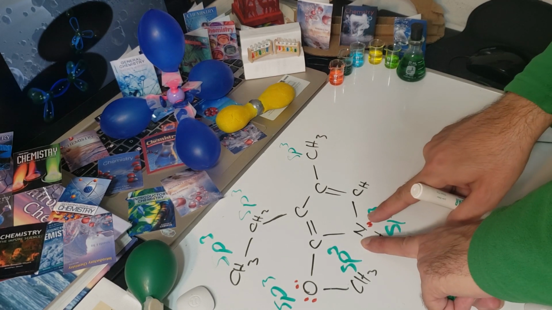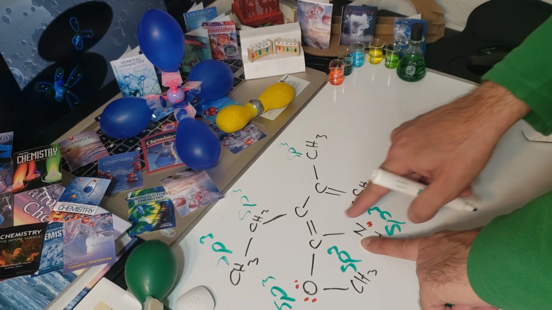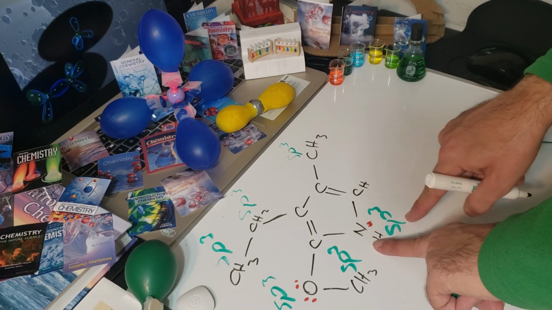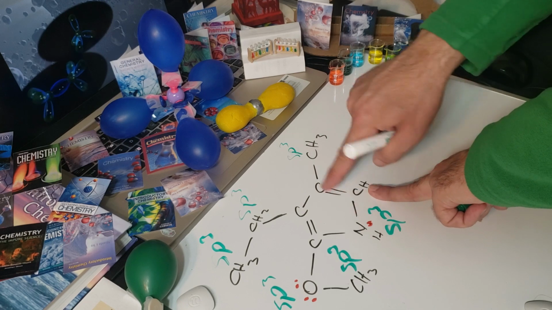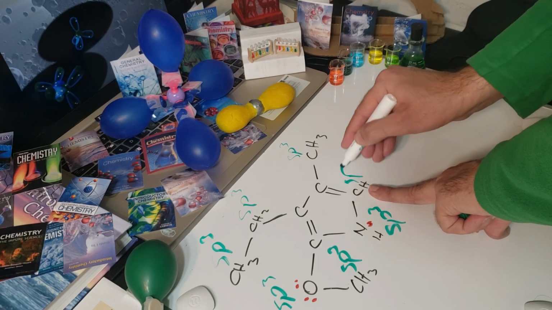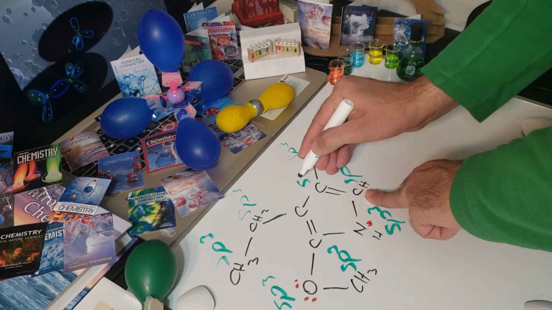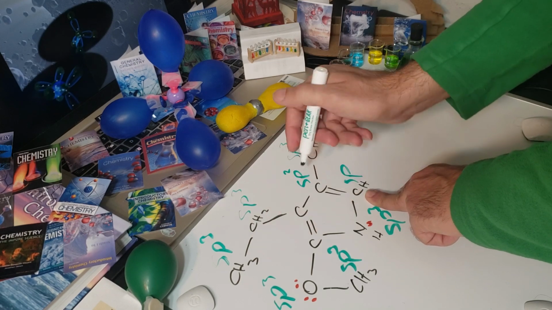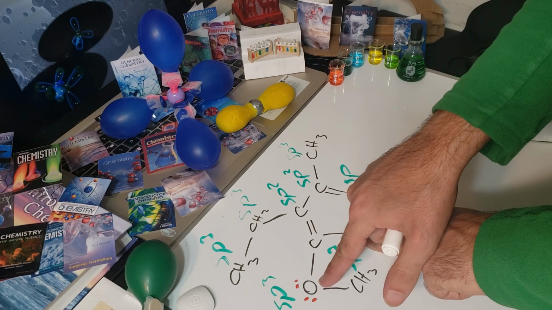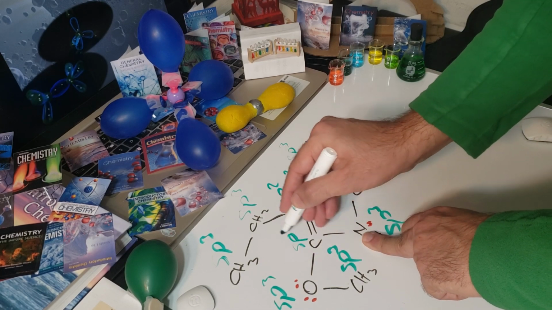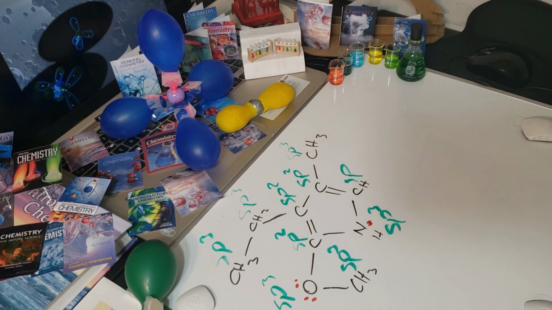Like this one, there is one lone pair, 2 carbon surrounding and 1 hydrogen surrounding, for 4, that makes sp3. For this one, there's 1 hydrogen, 2 carbon surrounding, so sp2, 3 carbon surrounding sp2, again 3 carbon surrounding sp2, 1 nitrogen, 1 oxygen, 1 carbon, 3 surrounding atoms, sp2. For carbons, there's no lone pair, so you just count the surrounding atoms.